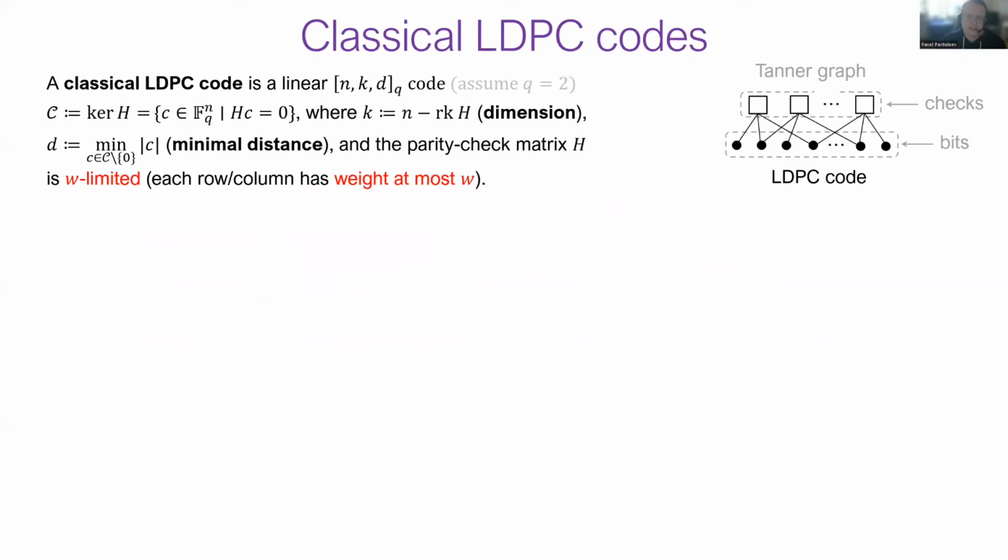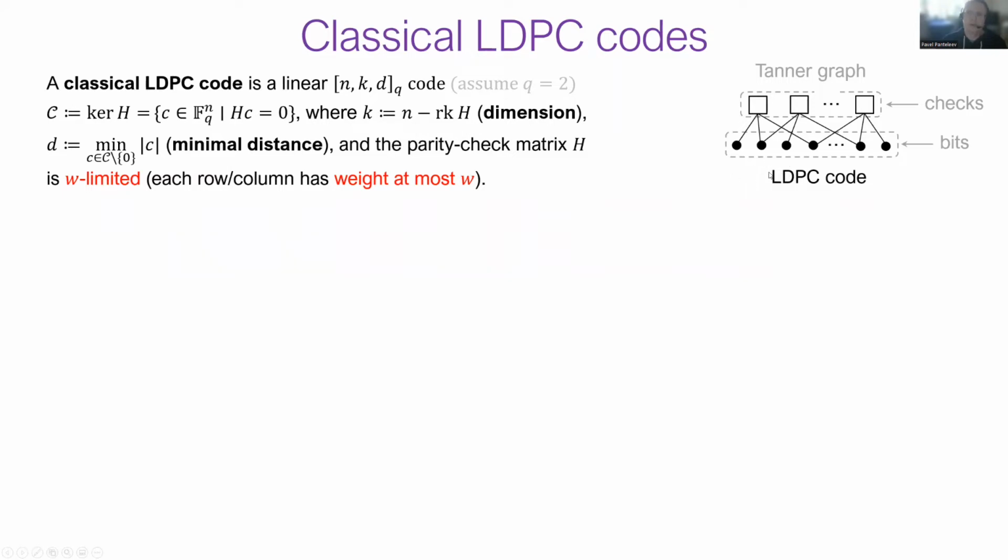Okay, classical LDPC codes. A classical LDPC code is just a standard linear code defined by a sparse parity check matrix. Each linear code has two important parameters called dimension and minimal distance. The LDPC property just means that this parity check matrix is sparse.